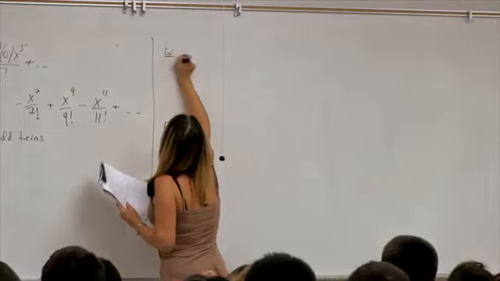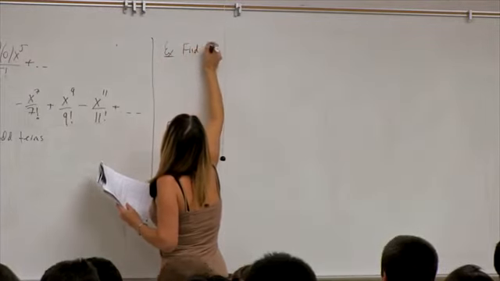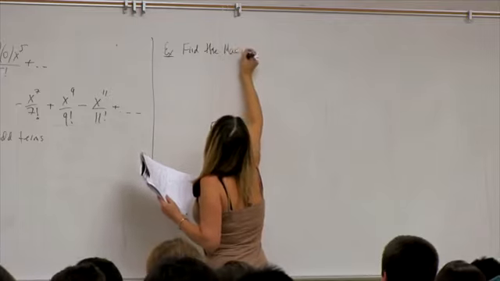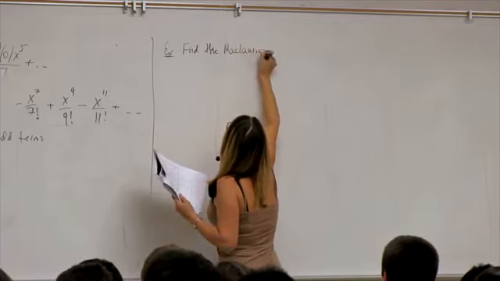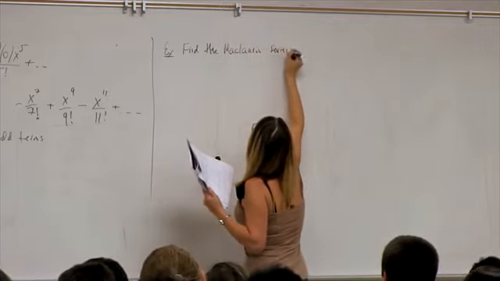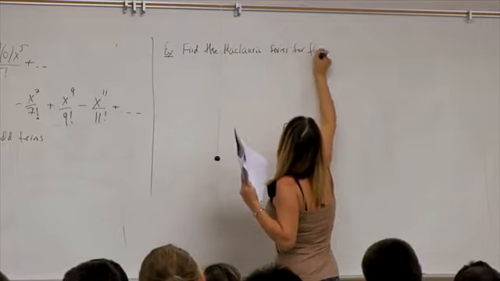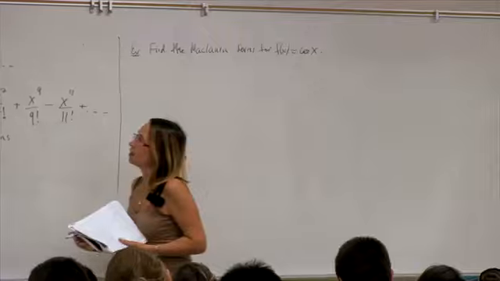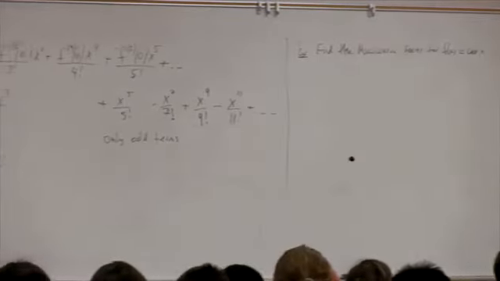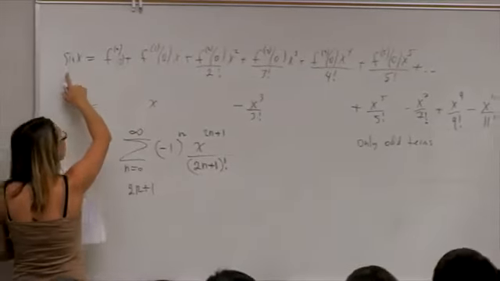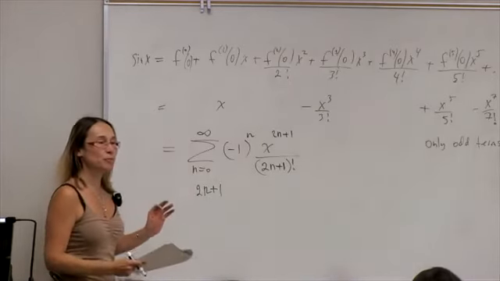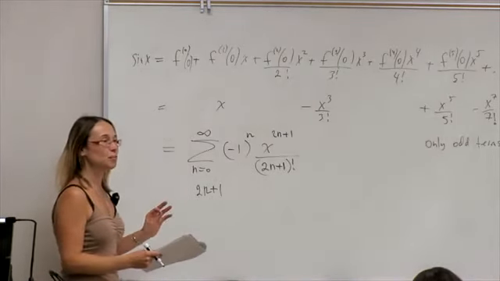So the example: find the Maclaurin series for f of x equals cos x. So what I'm going to do, I'm going to take this representation of sine, and as you remember, we can actually differentiate power series.